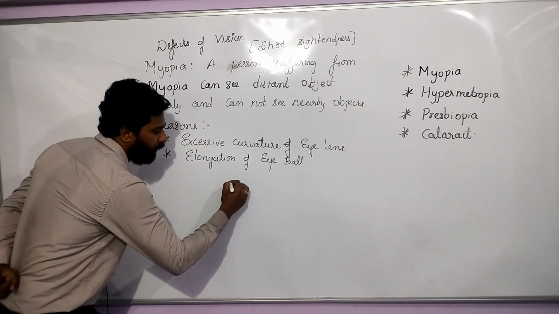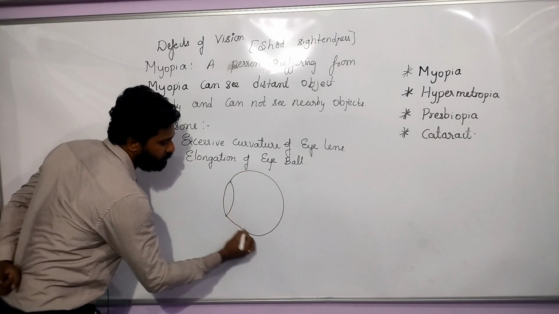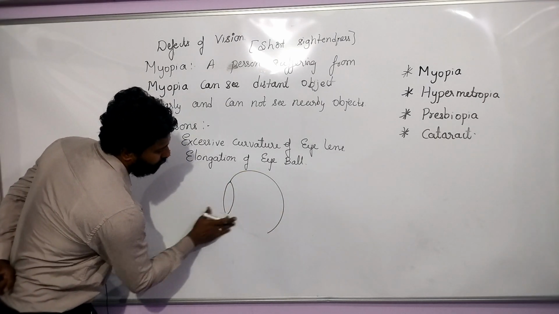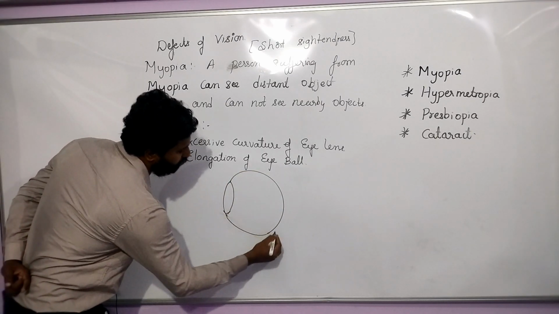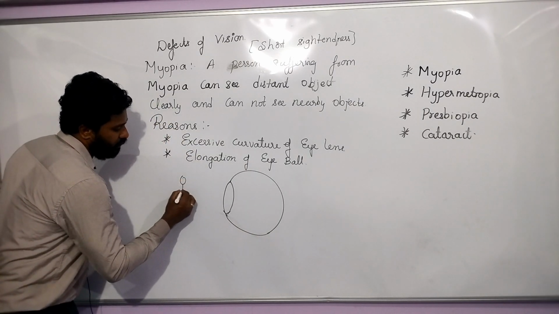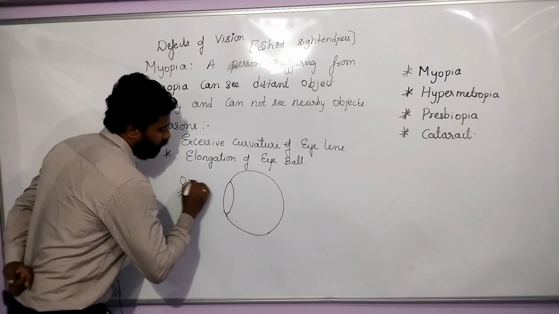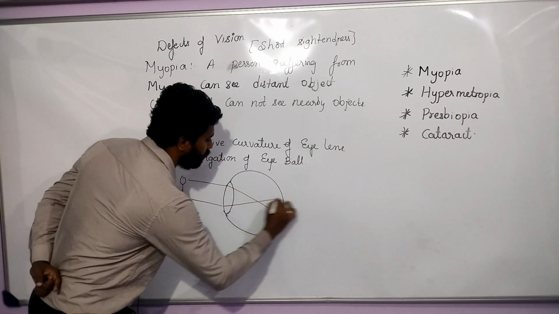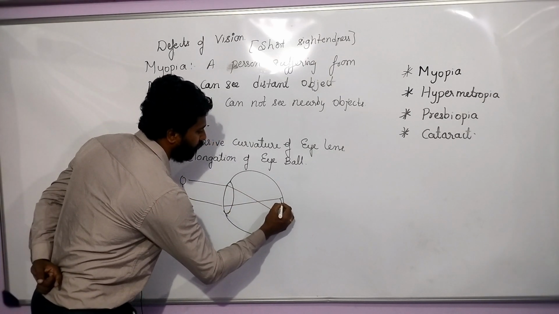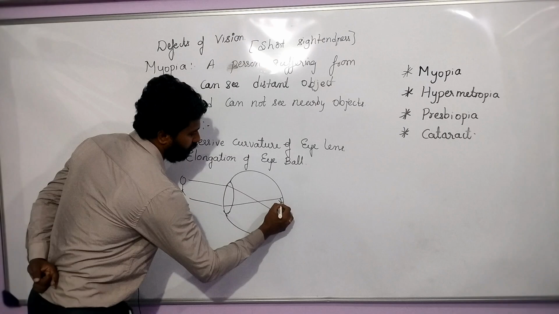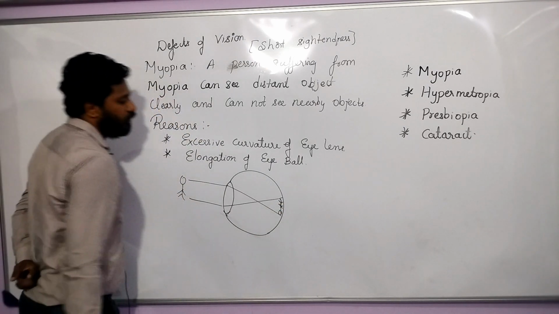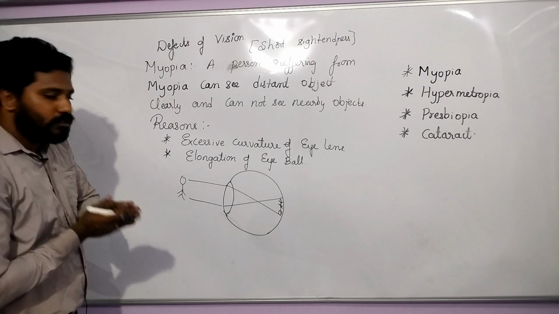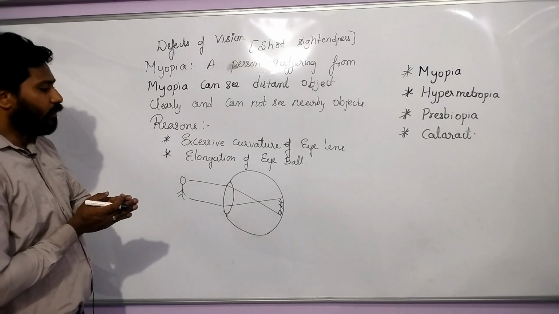the eye lens is like this, this is the eyeball. When the object is in front, the light rays from the object fall on the retina so that the image forms on it.